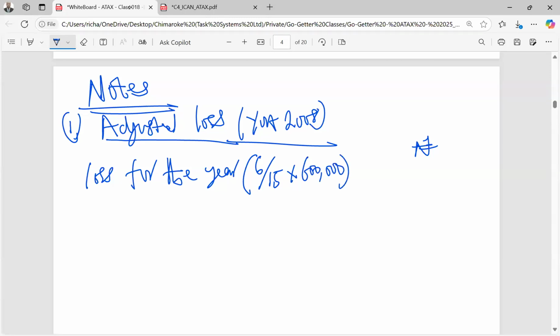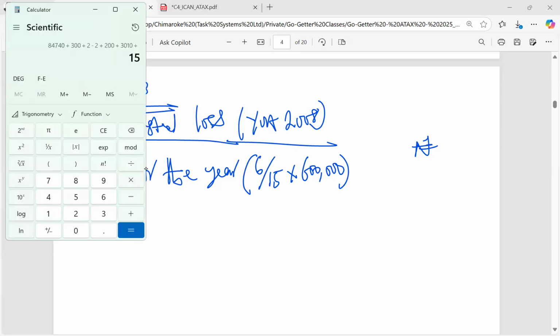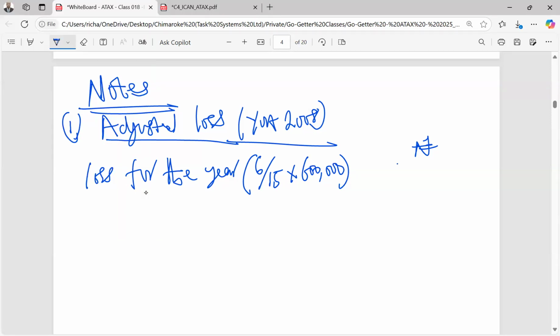Let's activate our calculator now: 6 divided by 15 multiplied by 600,000 will give us 240,000. So I will put my 240,000 here.